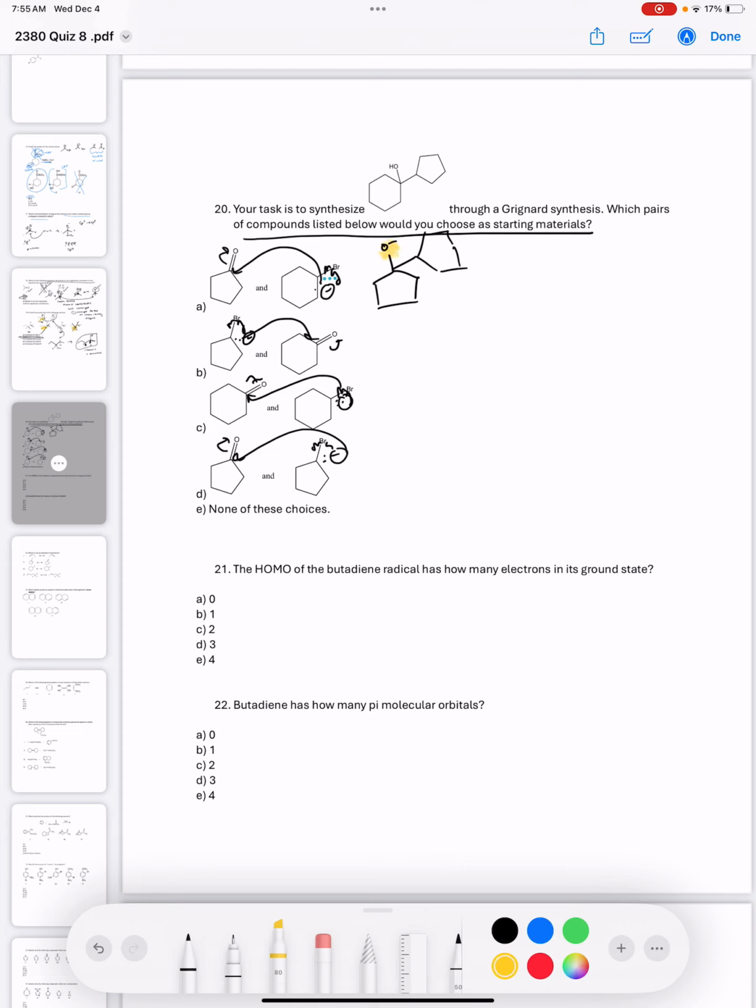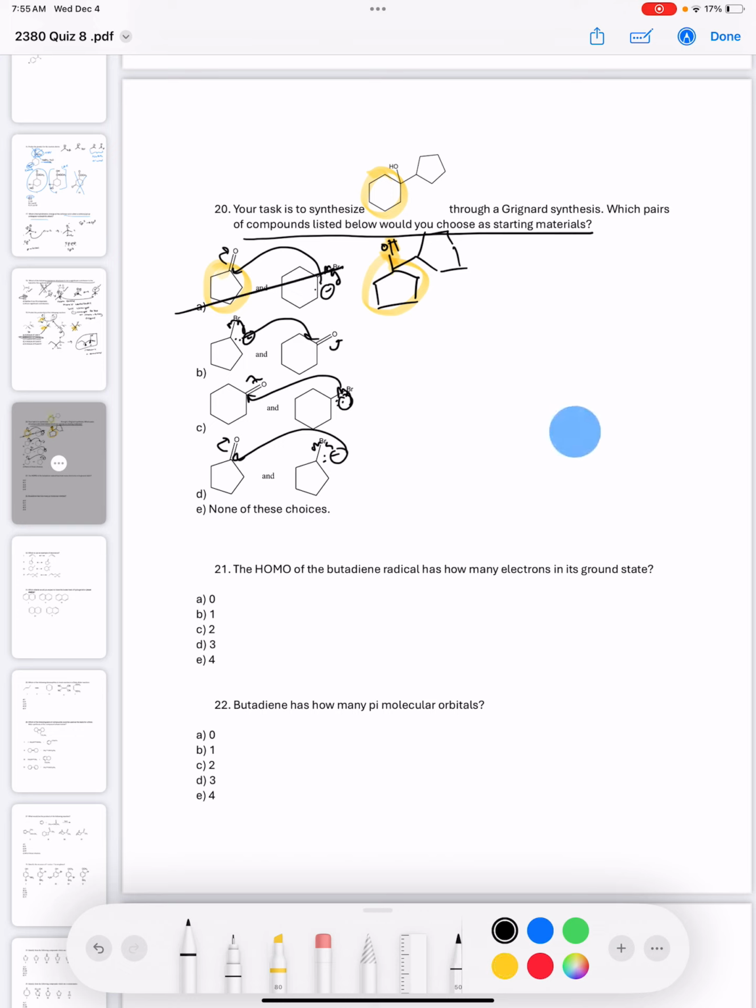So you see the O- that will eventually turn into our OH right here. That is on the 5-membered ring. Here, this is 5-membered, but it should be on a 6-membered ring. So that one is wrong.